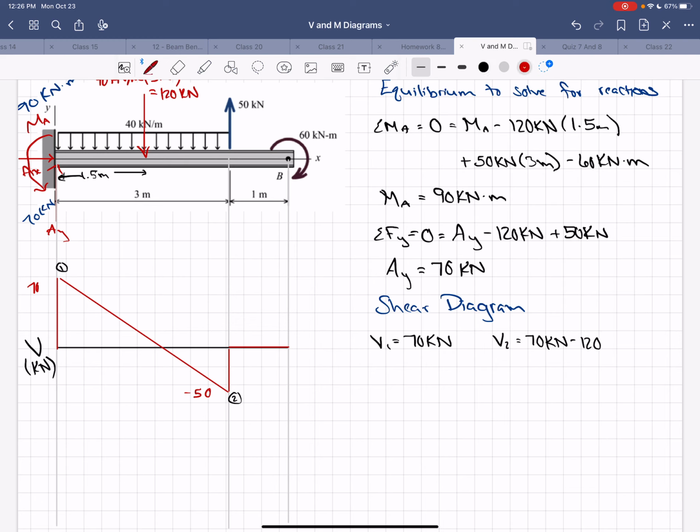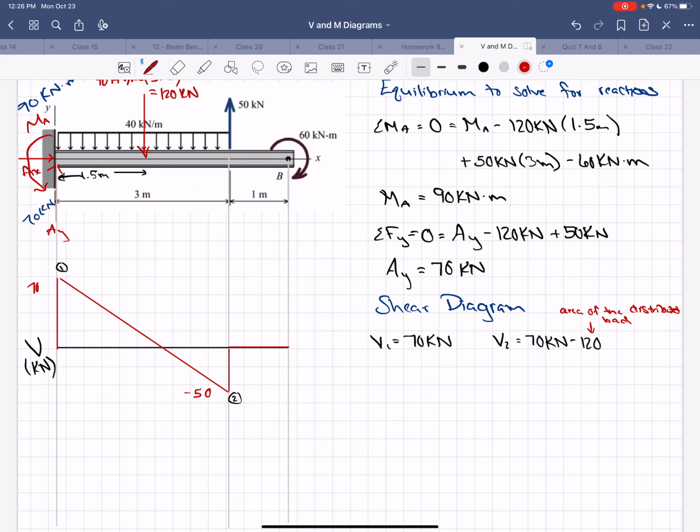So that is, we could think of it as the area of the distributed load. So if it was a triangle, it would be half the base times the height. But it was a rectangle, so we can think of the height being the magnitude and the base being the length.